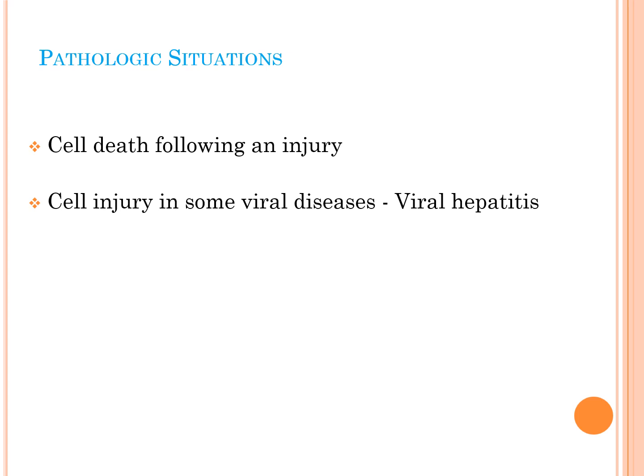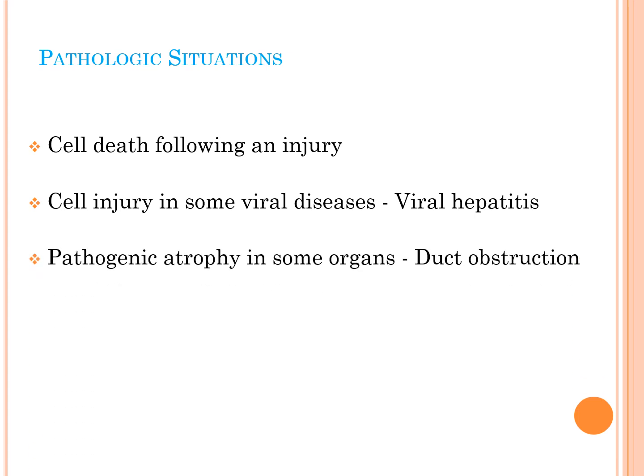And cell injury in some viral diseases like viral hepatitis. So those infected cells are also undergoing apoptosis, or programmed cell death. And pathologic atrophy in some organs, like duct obstructions.